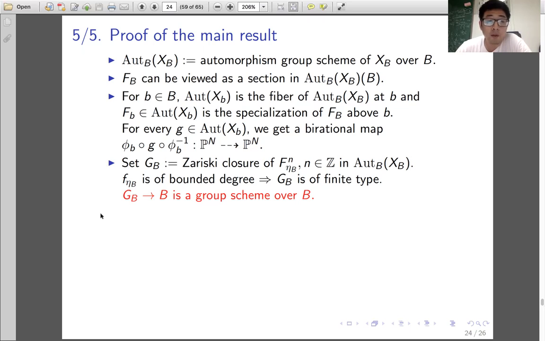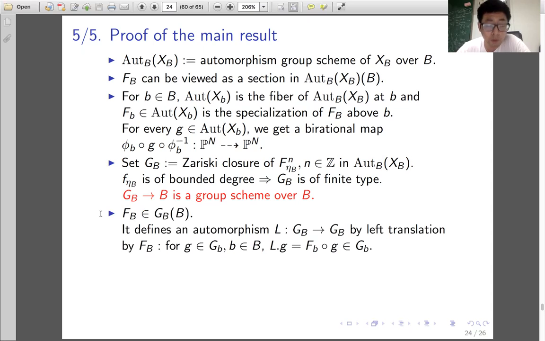So G_B to B is a group scheme over B of finite type. Now this F_B, we can view as a B-point in G_B, and then it defines an automorphism of G_B, L, by left translation by F_B.